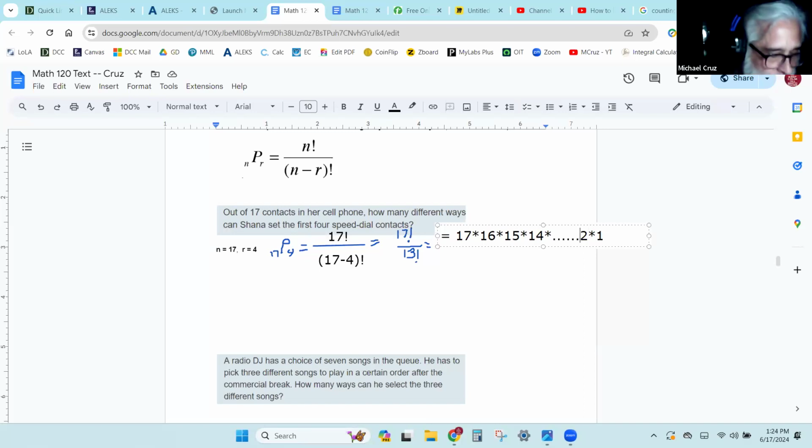I'm just showing you the pattern, that this would go all the way down to 2, one at a time. And then down here, 13 times 12 times 11 and so on.